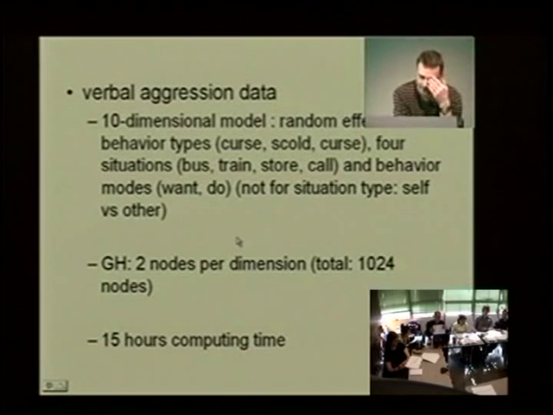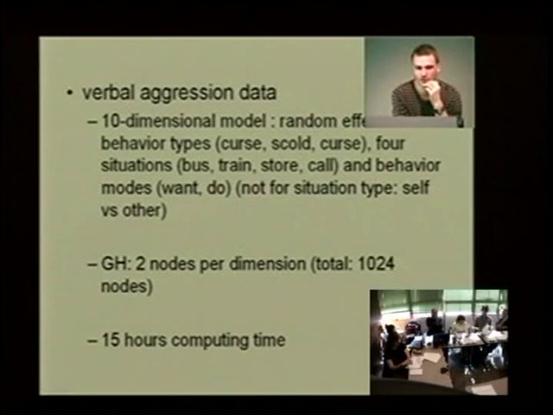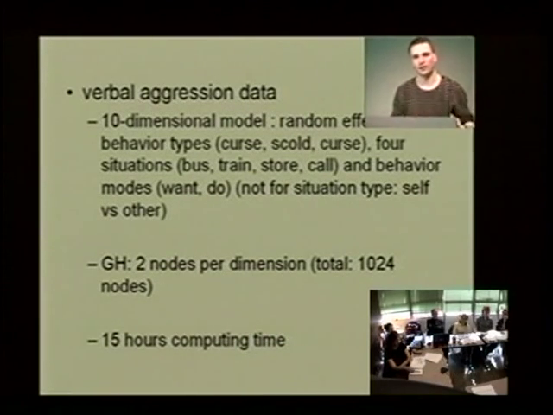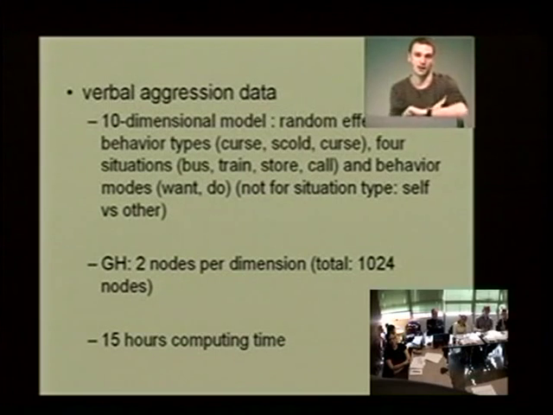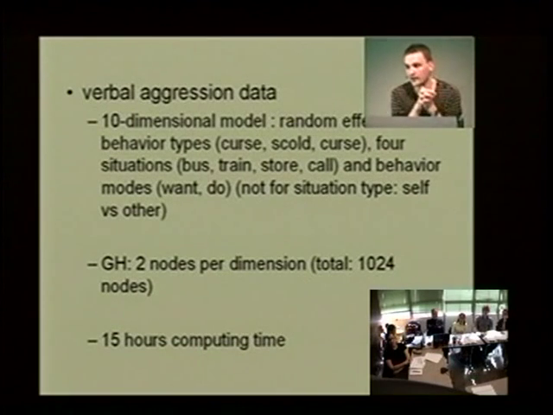I also applied this random effects testlet model to the verbal aggression data. And because there is this multitude of possible testlets in these data, because there are a lot of item properties that are present in the data and that are also overlapping, I opted for a 10-dimensional model.